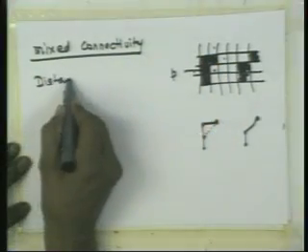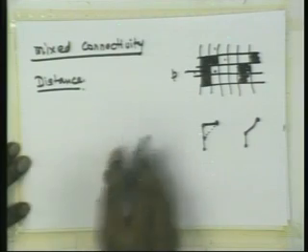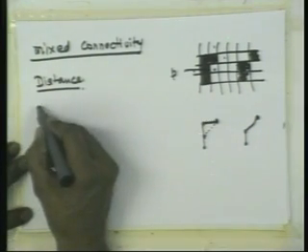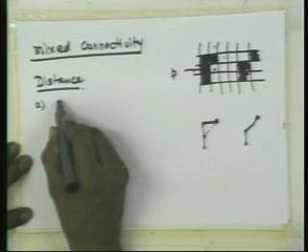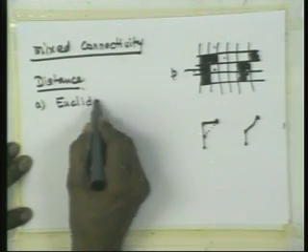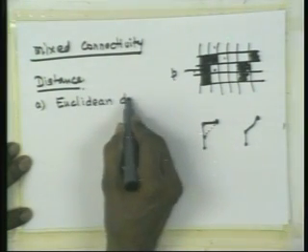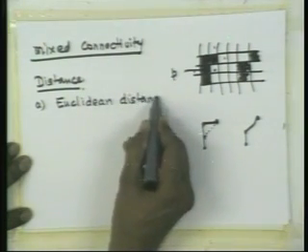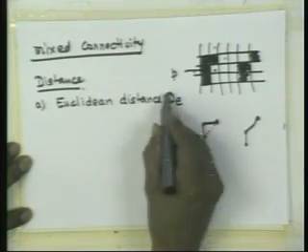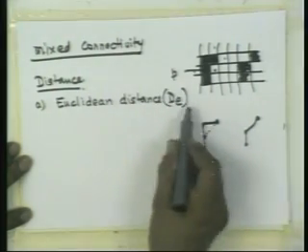Okay, then the next basic concept I want to deal with is the concept of distance. Now distances we are familiar with. What we are familiar with is the Euclidean distance. Let's denote this by dE, distance Euclidean.